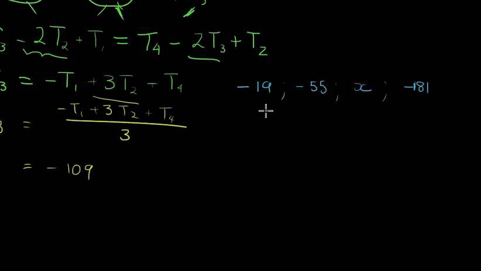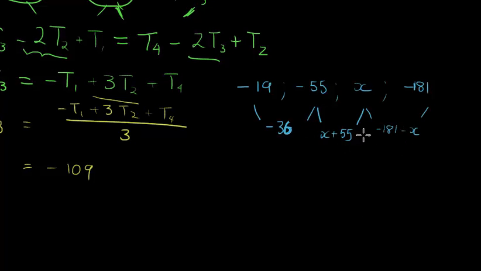In this one, we can take our first difference, which is negative 55 from 19, I'm subtracting, 36. Then the difference between these two terms is negative 55, or x minus, is plus 55. And the difference between these two terms is negative 181 minus x.